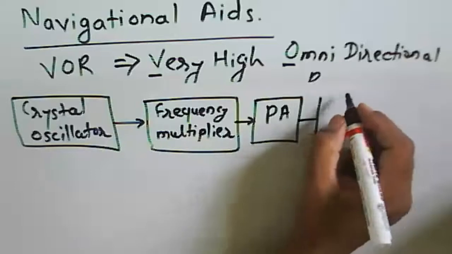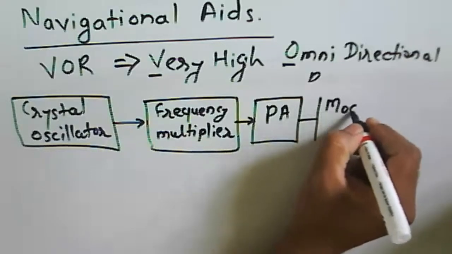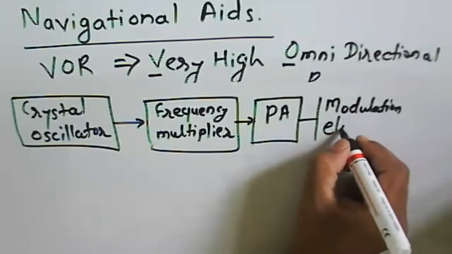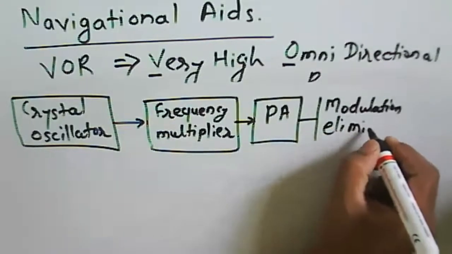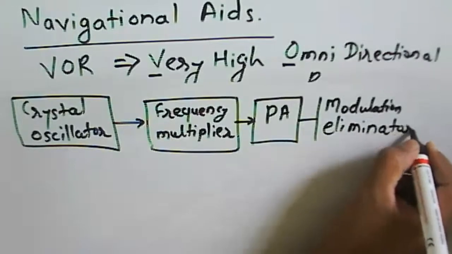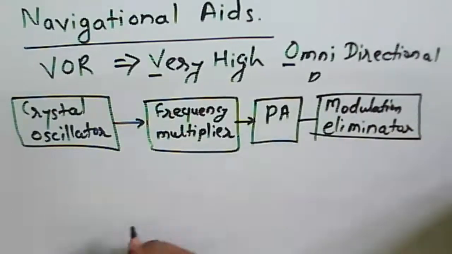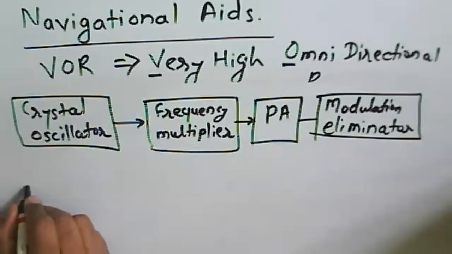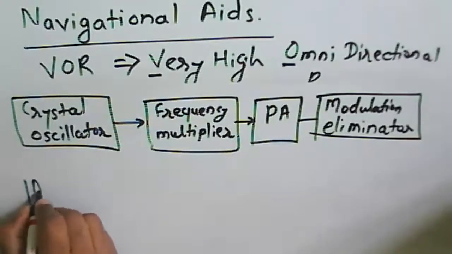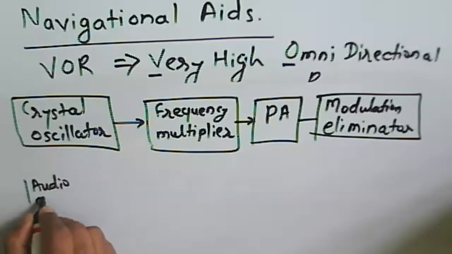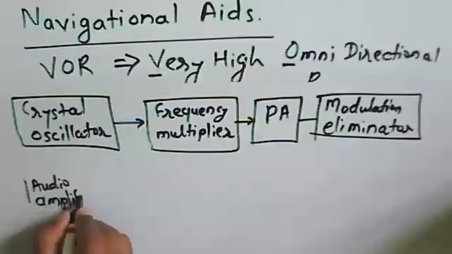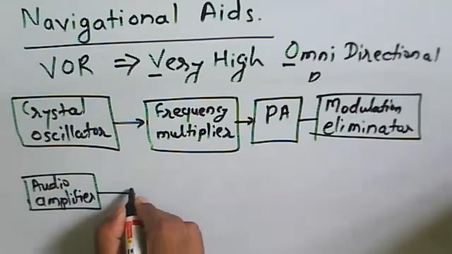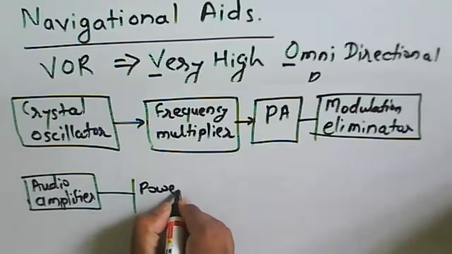And then a modulation eliminator. Then we have an audio amplifier, because a signal is to be sent. So power amplifier.